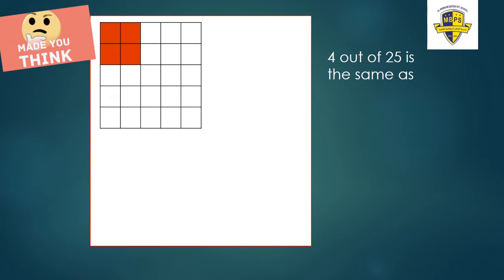Here we have 4 out of 25 and we want to write it as a percent. Can you tell me what's the difference here? Good. The denominator here is 25. It's not 100. So think what we have to do in this case.